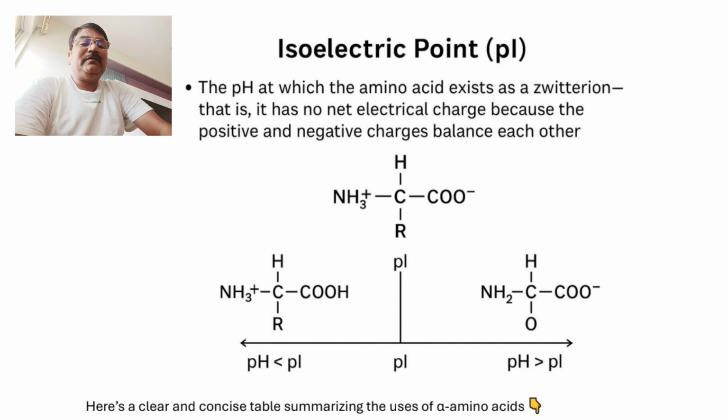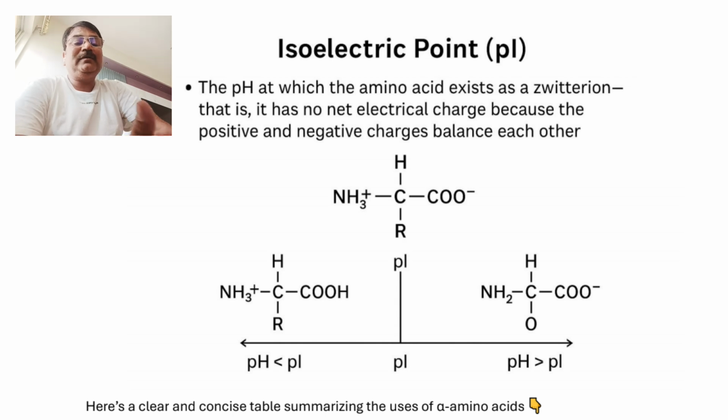In the Zwitter ion form, the COO minus group is converted into COOH. That means low pH, and we get an NH3 plus net charge. If the alpha amino acid, see the left side of the screen, contains an NH3 plus charge, at that time this positively charged alpha amino acid is attracted towards the negatively charged electrode of the electrochemical cell.